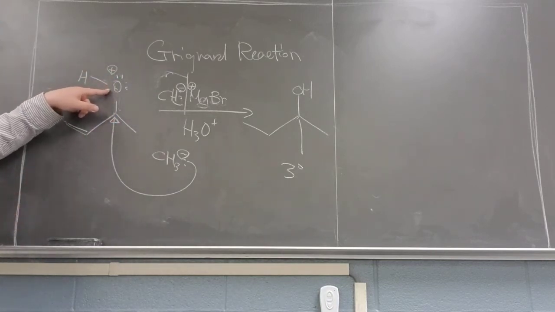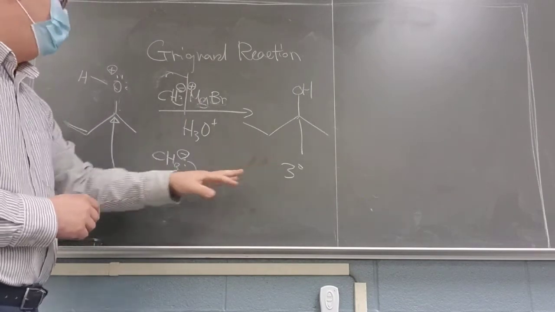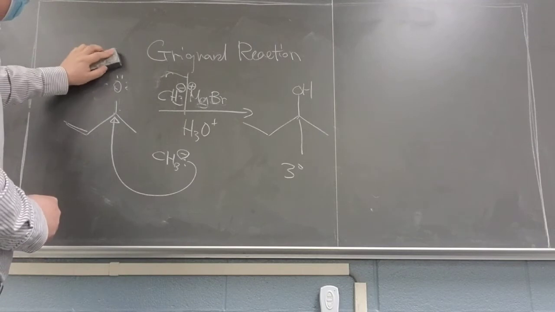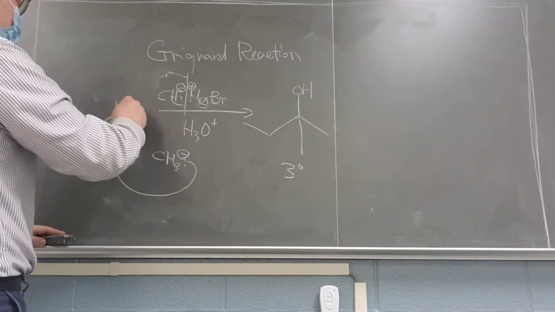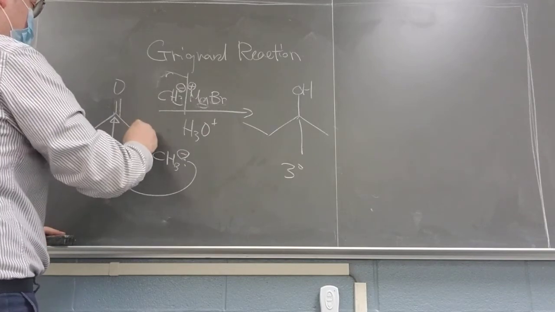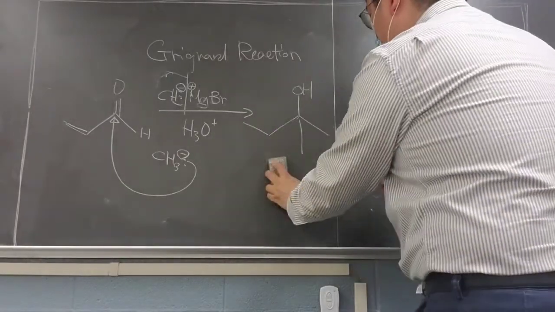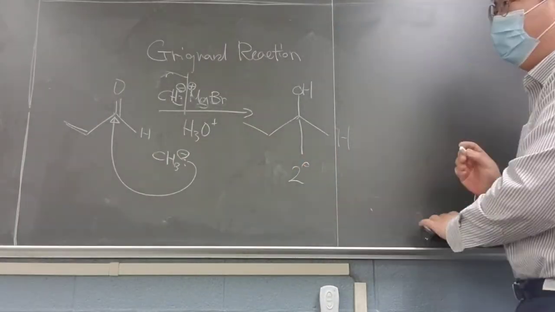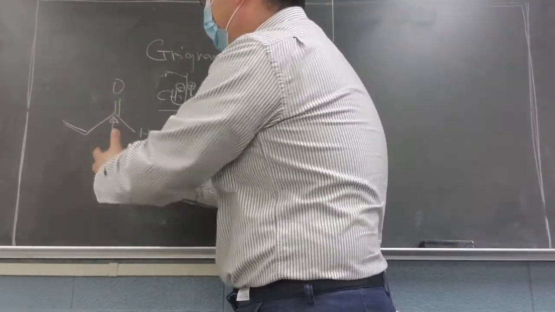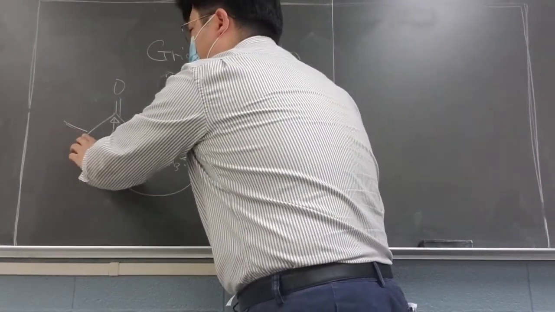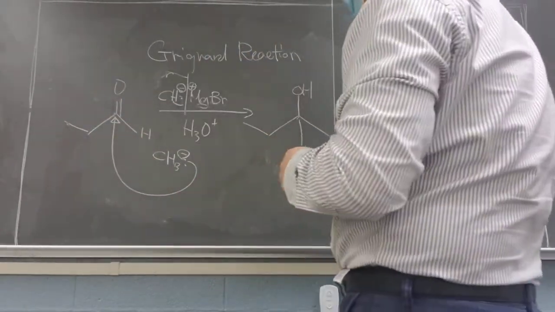Later this oxygen will catch the hydrogen, so this will be a tertiary alcohol. If it was an aldehyde, it would have been secondary, because you have the same addition of the R group, making it a higher degree of alcohol once the oxygen catches the proton.